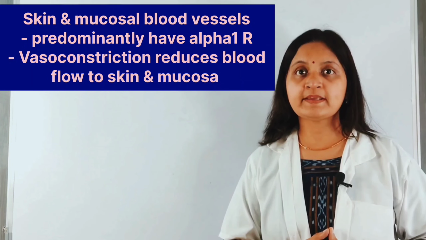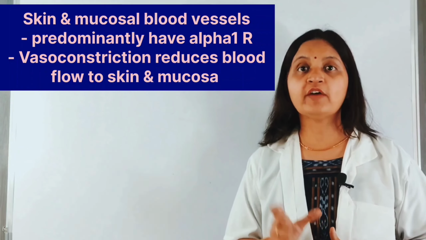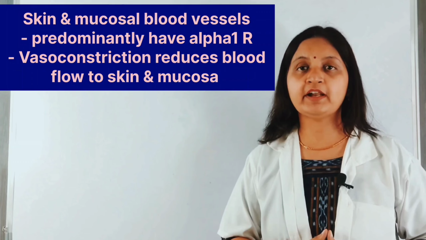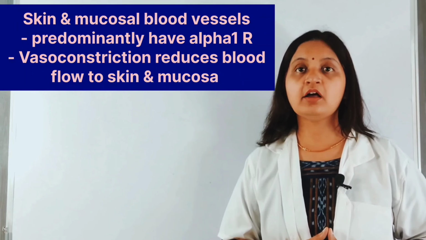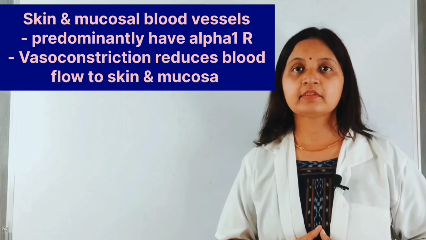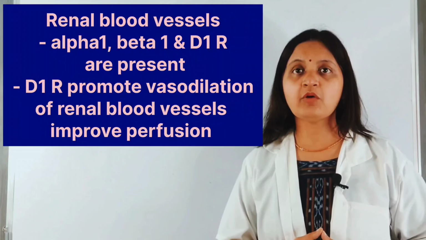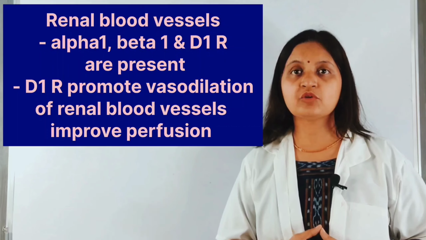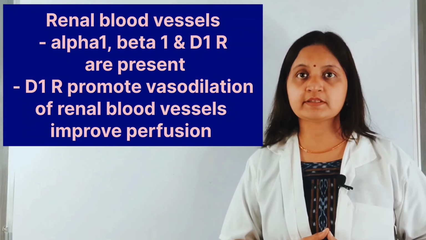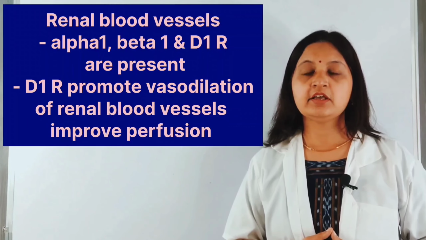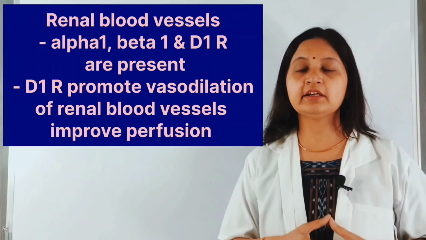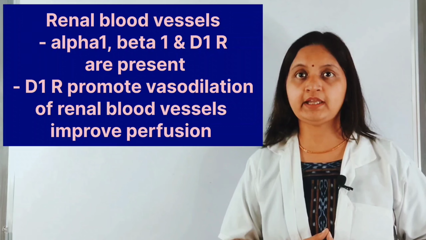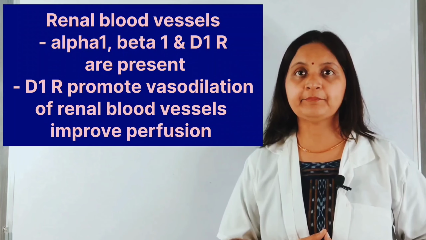So alpha-1 receptor stimulation leads to vasoconstriction and decreased blood flow to the skin and mucosa on sympathetic stimulation. The renal blood vessels have alpha-1, beta-1 and D1, that is dopamine receptors in the smooth muscles of the renal blood vessels. So this helps to dilate the renal blood vessels and helps to maintain perfusion of the kidney.